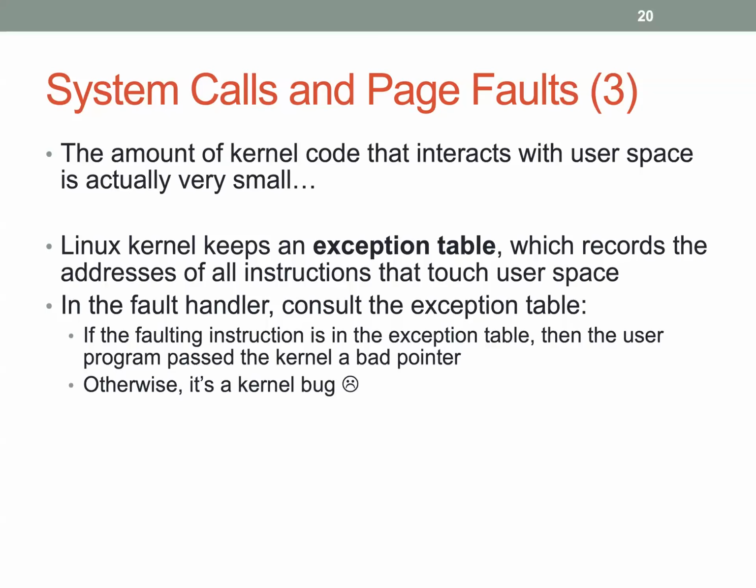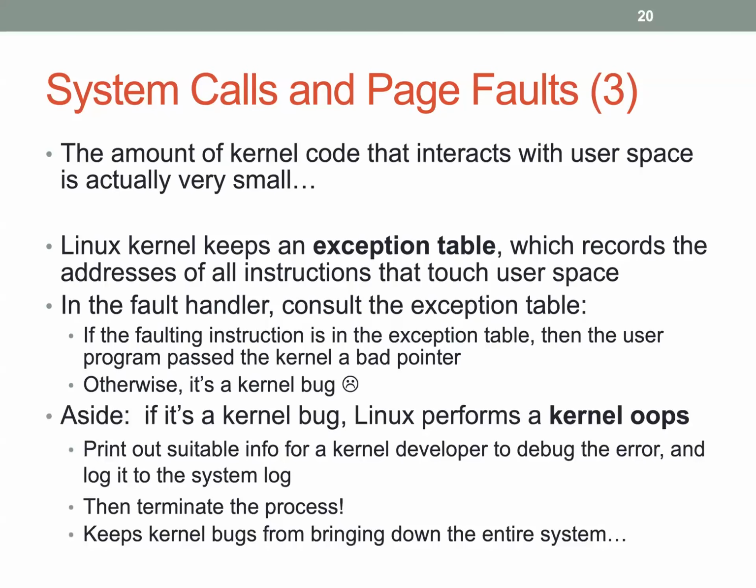And so if one of these scenarios is ever detected, where you get a fault that's not from accessing user space but from some piece of code in the kernel that's not in a system call handler, this special thing happens called a kernel oops. Linux will kill that kernel thread, and by killing the kernel thread, it also kills the user process associated with it.